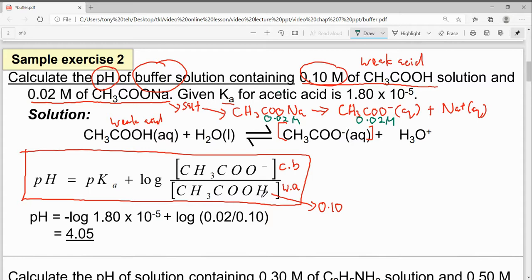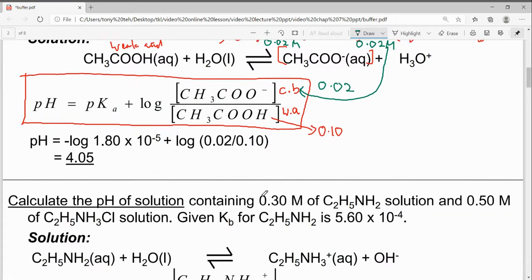Thus, the conjugate base comes from the complete dissociation of the salt. So it's 0.02, and the final answer we will get is 4.05.